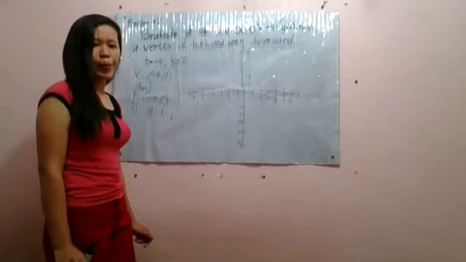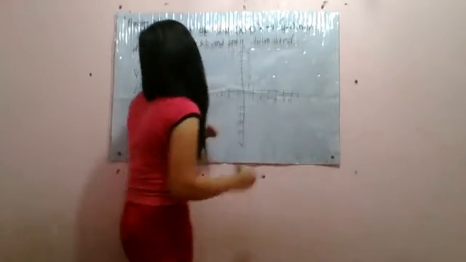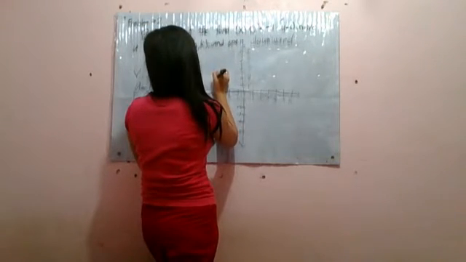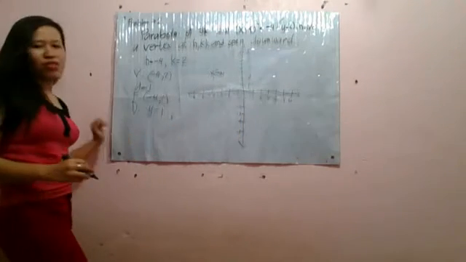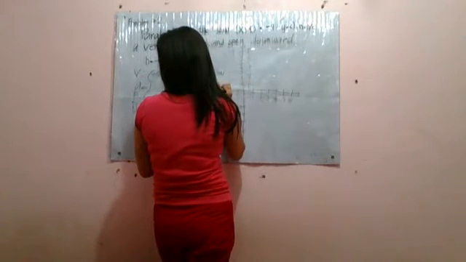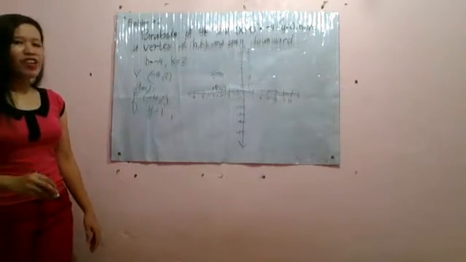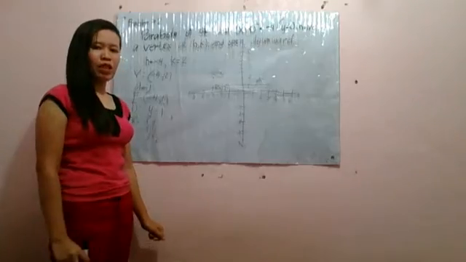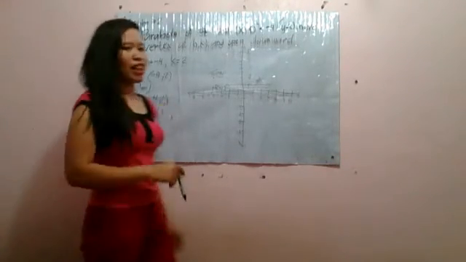And now let's graph to find the endpoints of our latus rectum. Our vertex here is negative 4, 2, so here is our vertex. And our focus is negative 4, 1, so here is our focus. And then our directrix is y equals 3, so here is our directrix. To find the endpoints of the latus rectum, count 2 from the focus to the left and 2 to the right.